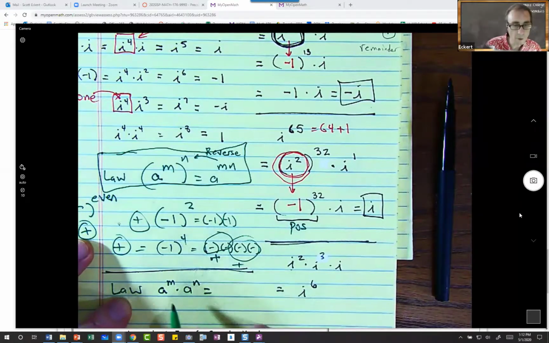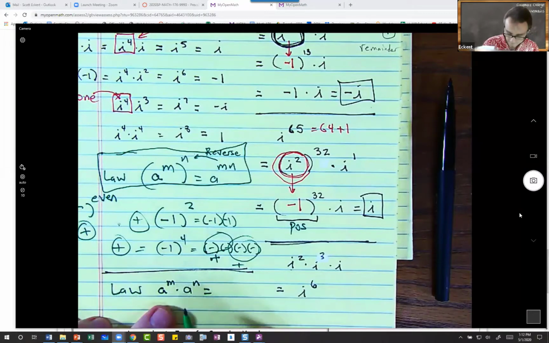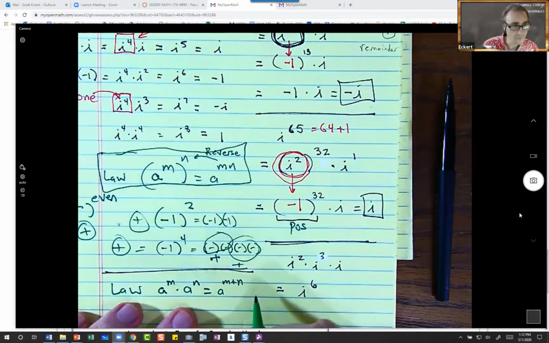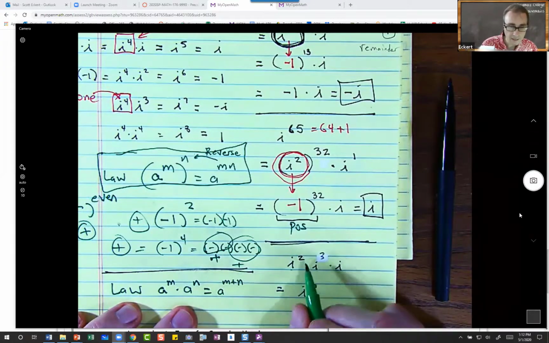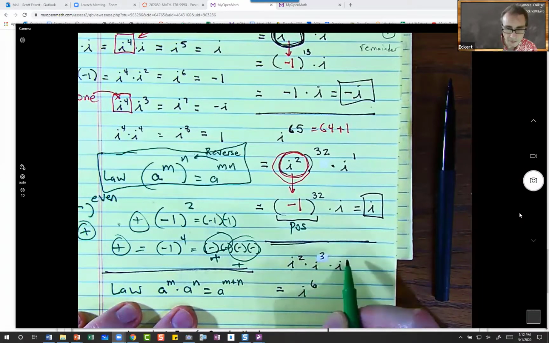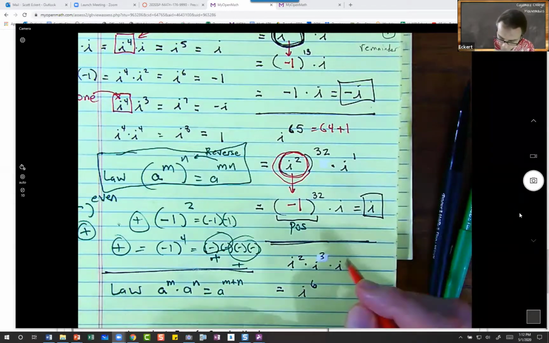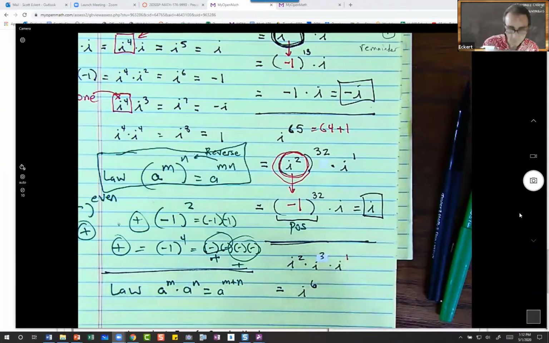What's the rule on this exponent law? You add them. Yes, Adam. That's how Christy got it so fast. Because she used that exponent law. 2 plus 3 plus 1. This one doesn't have a power, but it has an understood power of 1. And that's how she got I to the 6th. So that is correct, but it's not finished.